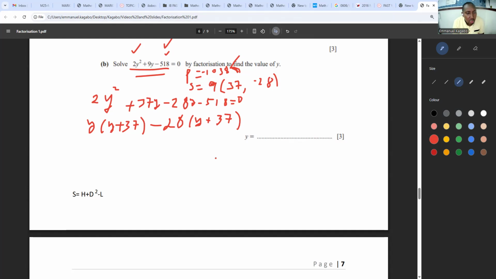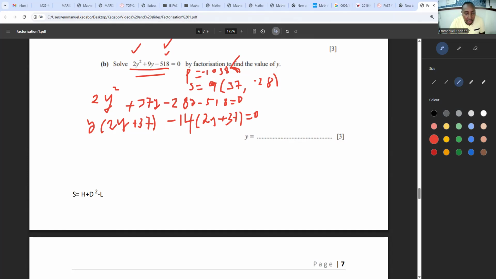It's not. Oh, sorry, here there's a 2. My bad, I made a mistake here. The common factor was 2. It's going to be 2y plus 37, minus, instead of 28, it will be 14. So here I'll get 2y plus 37 equals 0, right?